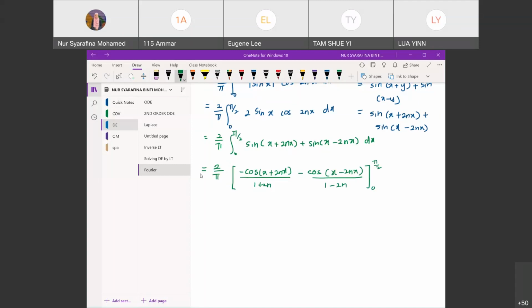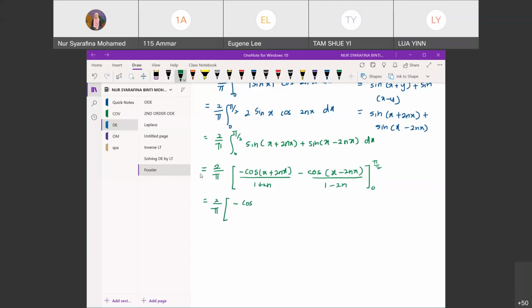Are we good? Can you follow this from here? Okay, next, just simplify. So here we have what? 2 over pi. So substitute everything here with the limit given.